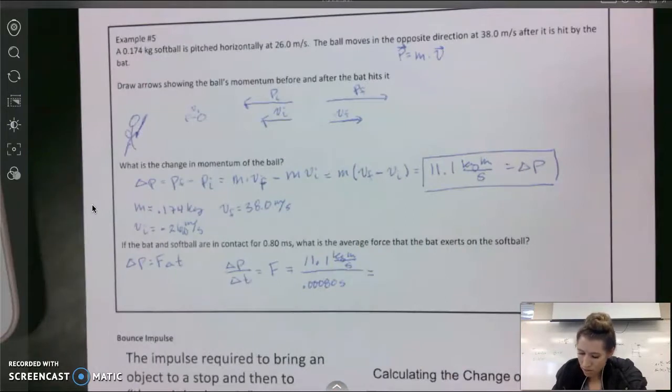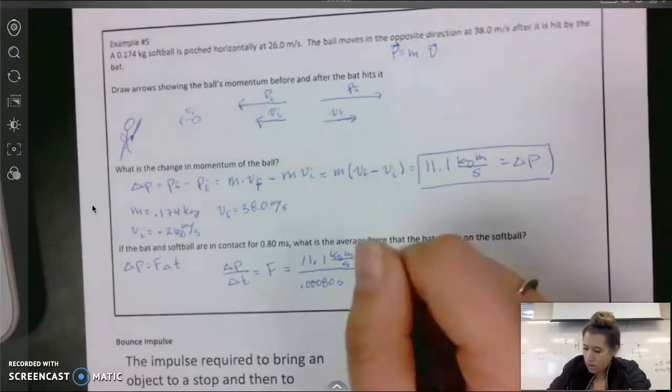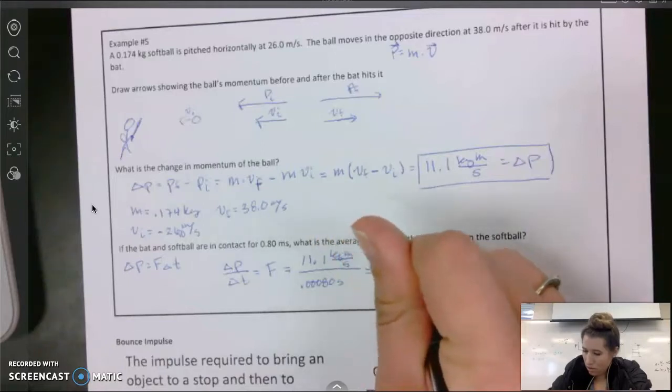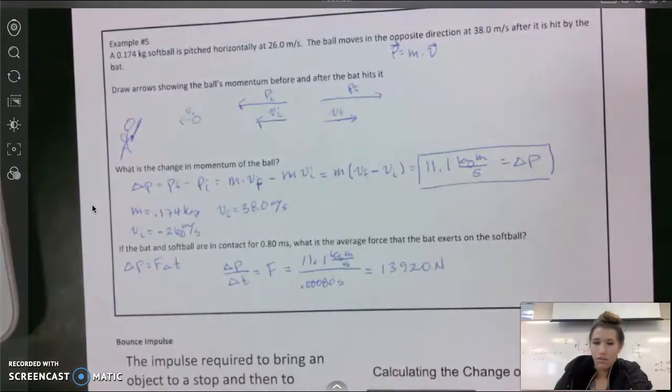So 11.1, I'll take the whole big number for my calculator, divided by our second component. So this is a force of 13920 newtons.